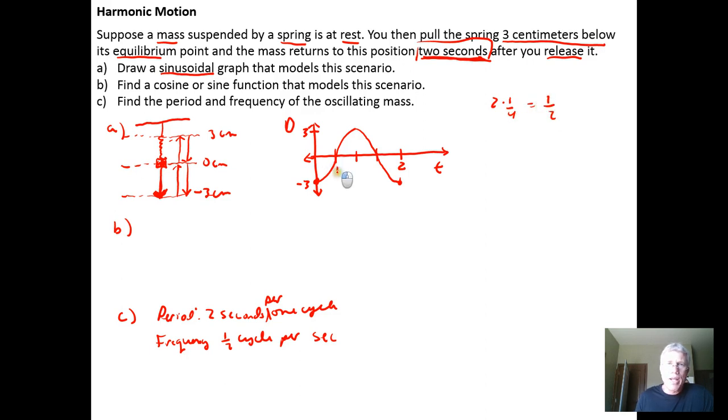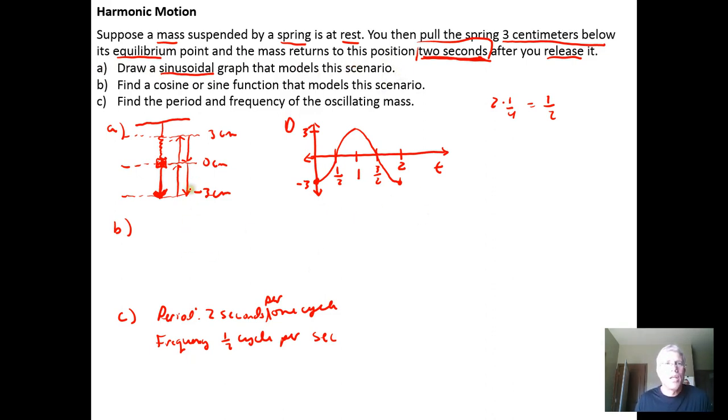So we know these are in 1/2 increments, so this would be 1 out of 2, 2 out of 2, 3 out of 2, and this one would be 4 out of 2, which simplifies to the 2 seconds, and of course 2 out of 2 is the 1 second mark. So this is Part A, draw a sinusoidal graph that models the scenario.